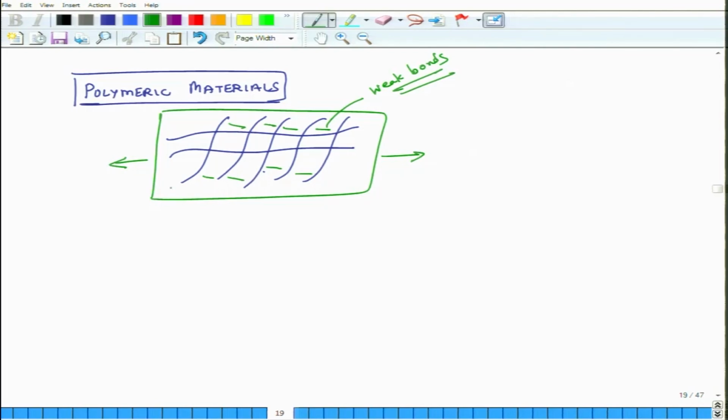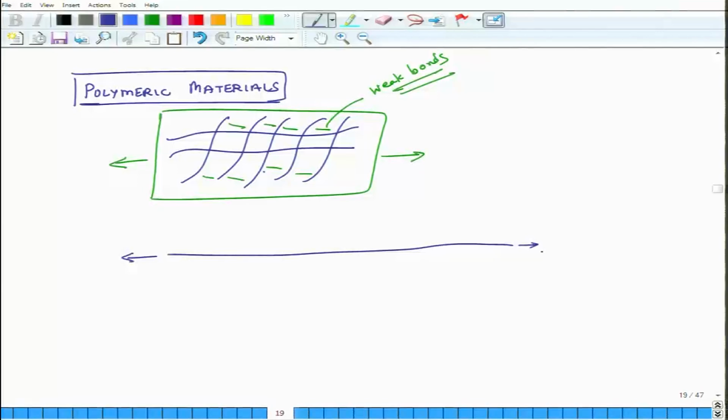But if I take a polymeric fiber in reality, okay, and I pull it in this direction, a polymeric fiber is essentially a long chain of molecules, or maybe several chains which are aligned in one direction, they are not crisscrossed. Okay. So, they are like this. So, if I have to break this, I have to actually break the chains. I do not have to break just the bonds.